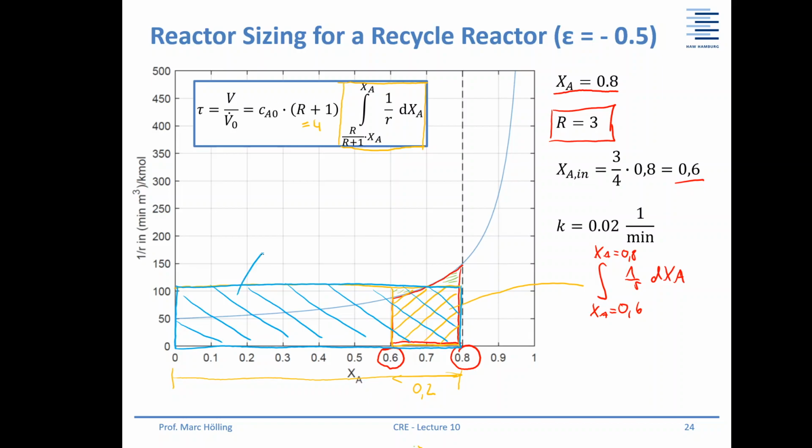So this area here is your residence time over your initial concentration.